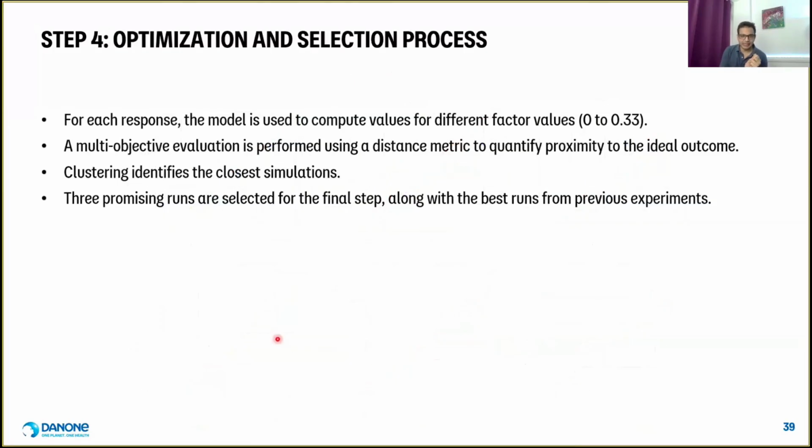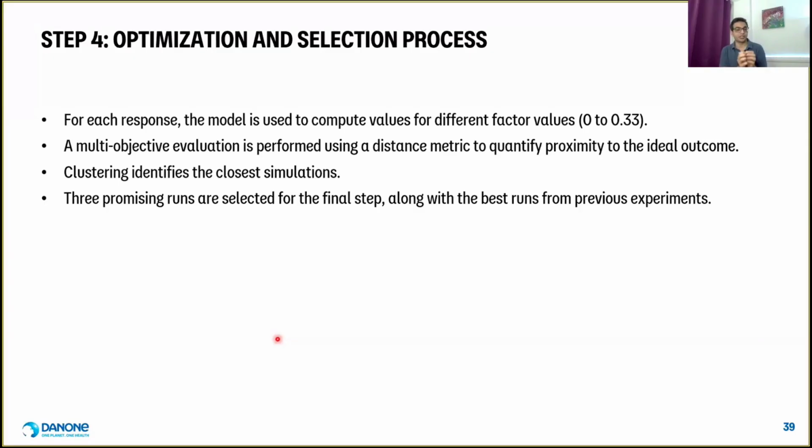So in the next step, we used these models to run Monte Carlo simulations. Using those Monte Carlo simulations, we again computed a distance metric based on the responses, and based on the distance metric, we found out which simulated values are closest to our particular target.